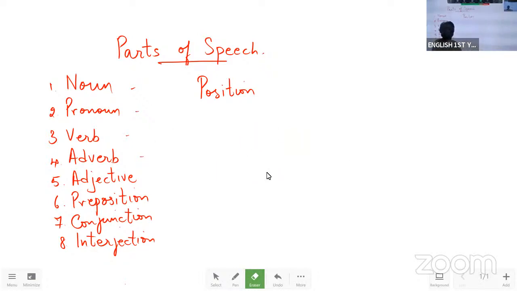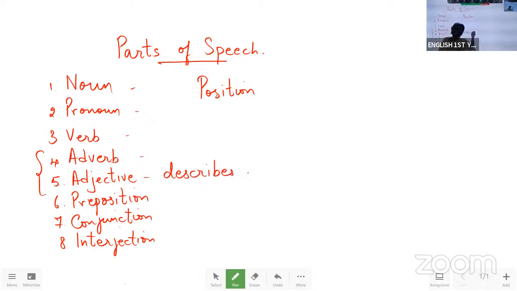Now coming to adjective, many children get confused between adverb and adjective. Here, adjective describes a noun. Like adverb takes up ly, this takes up est. Thin, thinner, thinnest. Fat, fatter, fattest.